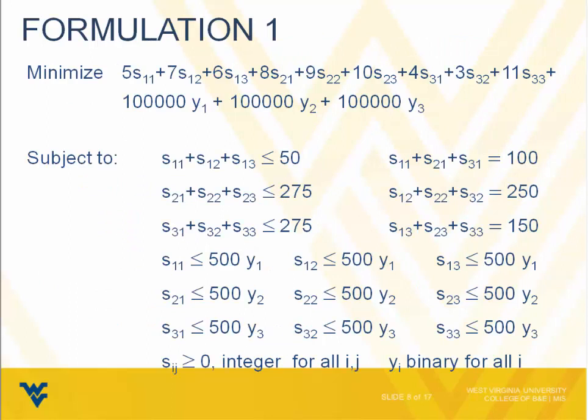So we have our objective function, fixed cost elements, and then we have these dependent demand constraints. If you look at the right-hand side of each row, they're all the same.